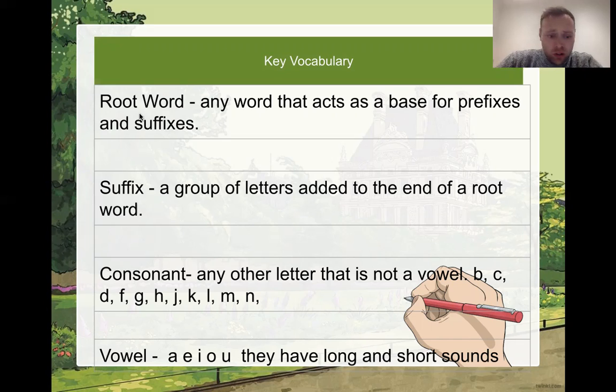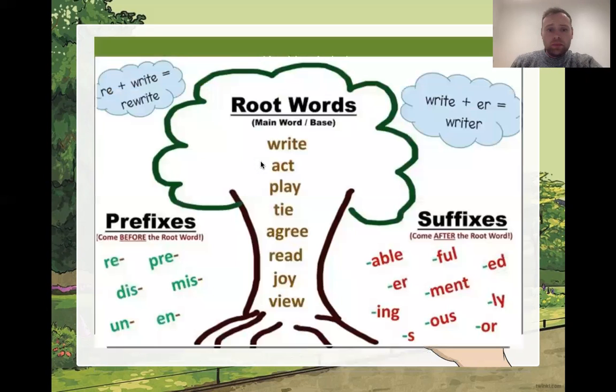We have the word consonant, and that basically means any letter in the alphabet that isn't a vowel. Okay, so B, C, D, and so on. As long as it's not a vowel, which is A, E, I, O, U. All right, and they have long sounds and they have short sounds.